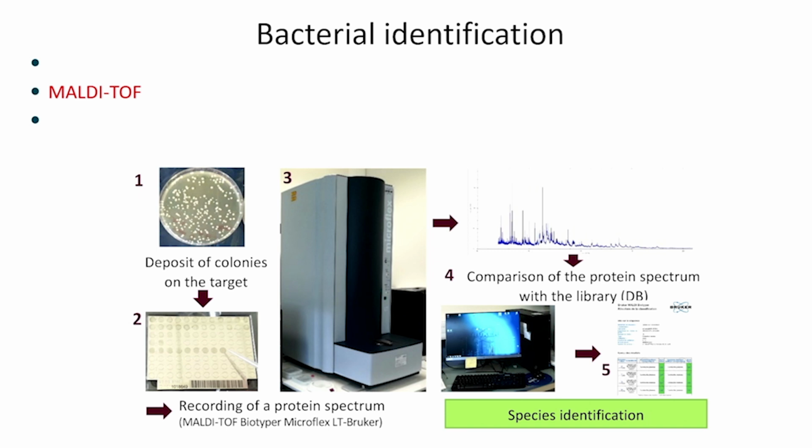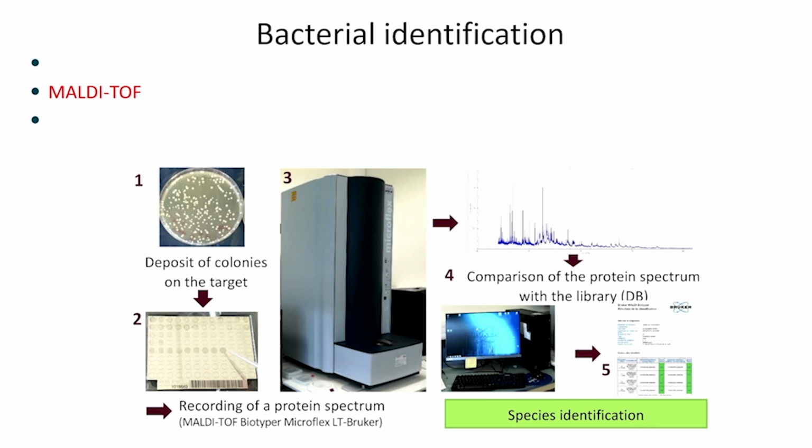And after that, the only step that needs to be done is getting a single colony and running a full protein analysis, where you can check the protein pattern coming from this colony. And you can get the identification of these microbes. And this is exactly what we do at Cedars-Sinai in the clinical lab, not in the research lab. So we use this type of technology to identify microbes.